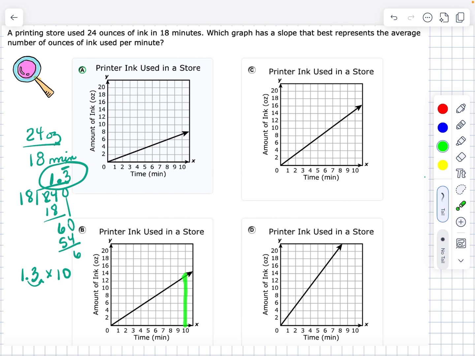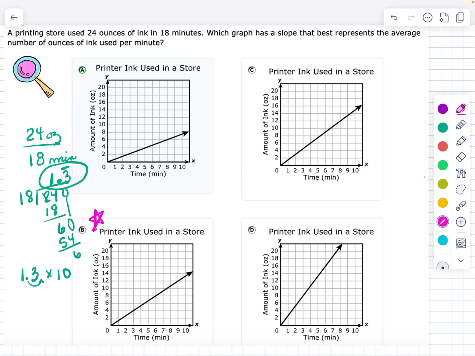Well, that looks right about 13 right there. So this one looks good. And this one, at 10, it's somewhere up in here, which is a lot more than 13. So because of that, I would choose answer B.